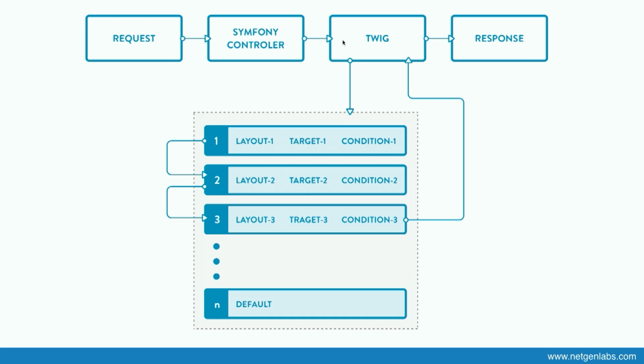So what happens with what you rendered in Twig? Because we kind of took over from here, right? So what happens is that it is processed, but we kind of override it, and then when we render the layout, we send the response from our layout, not from the original Twig, right?